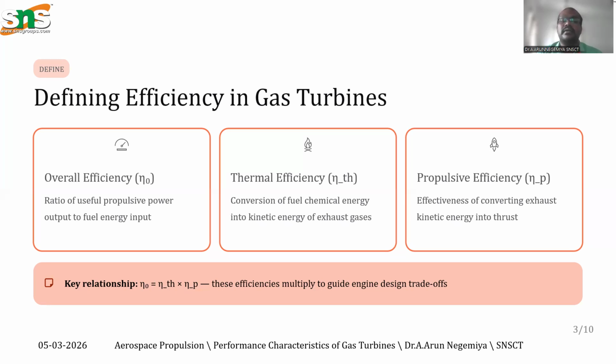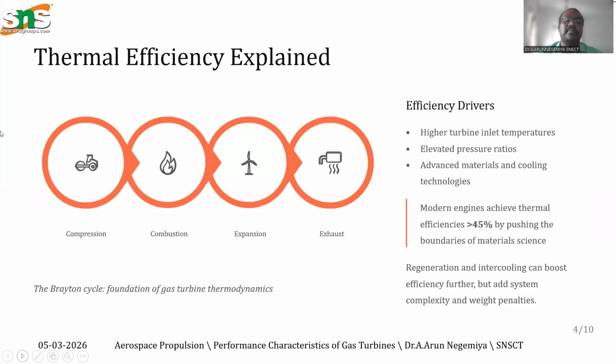Relating these efficiencies, overall efficiency equals thermal efficiency times propulsive efficiency. The thermal efficiency can be explained by the engine, which is classified into four different areas: compression, combustion, expansion, and exhaust.